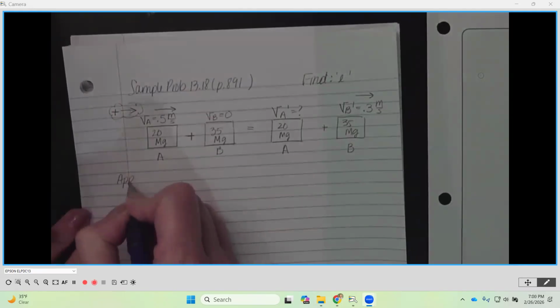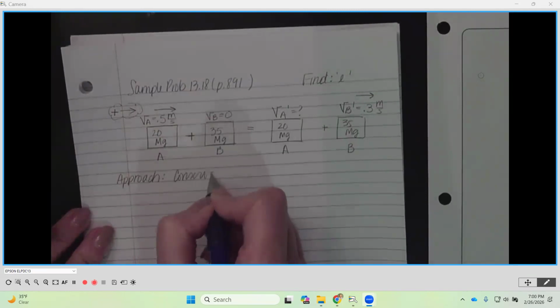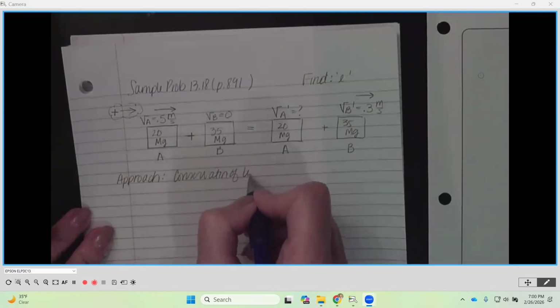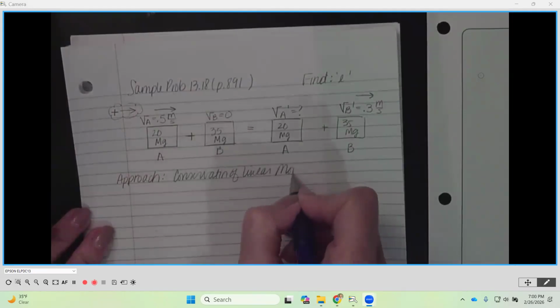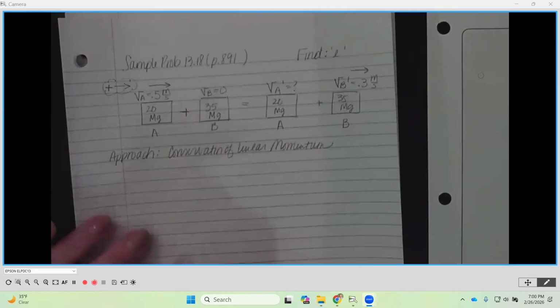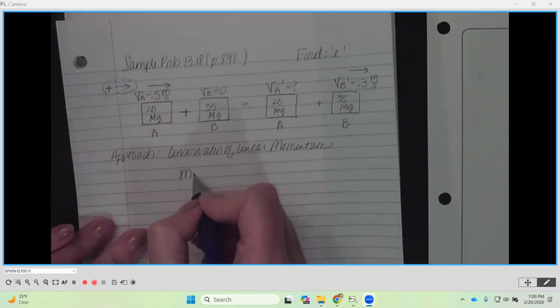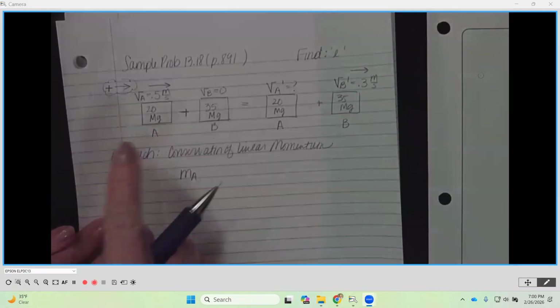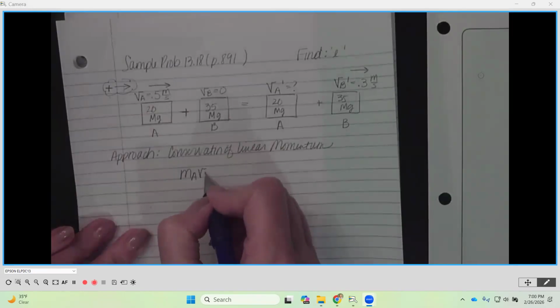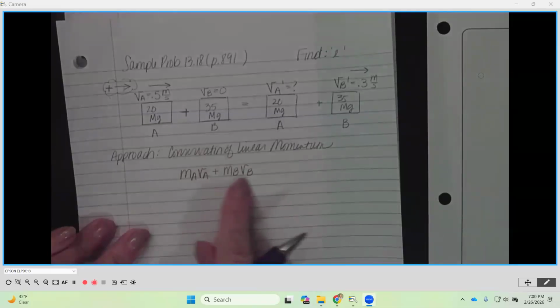So we're going to use the conservation of linear momentum. And that's going to make our expanded equation here: the mass of car A times its velocity A, plus the mass of car B times velocity B. So this is going to be our left side, the before side.